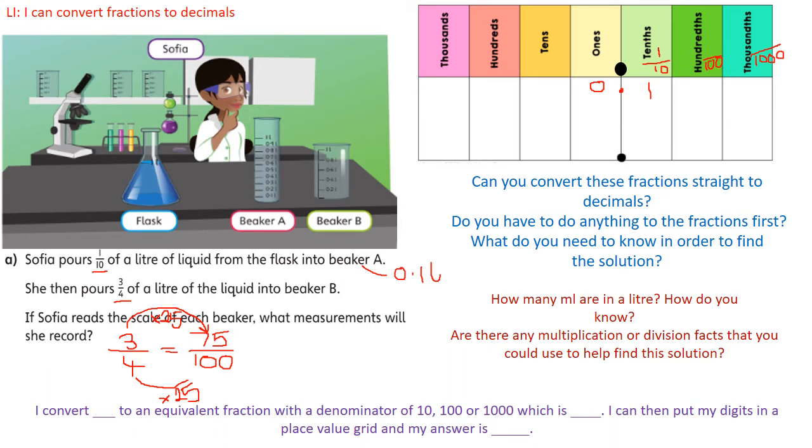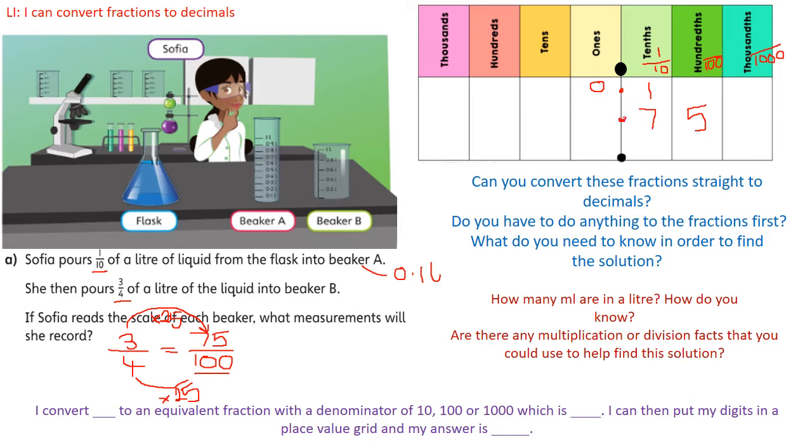I can now write this in my place value chart. So I'm going to look at the hundredths column because my denominator is 100. I've got 75 hundredths. So the 5 goes in the hundredths column. So that means the 7 must go in the tenths column.